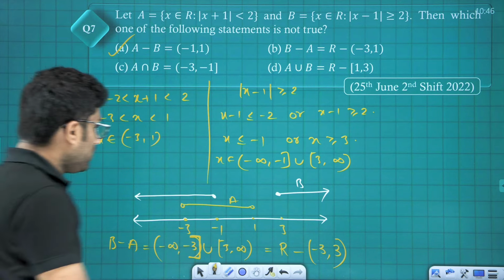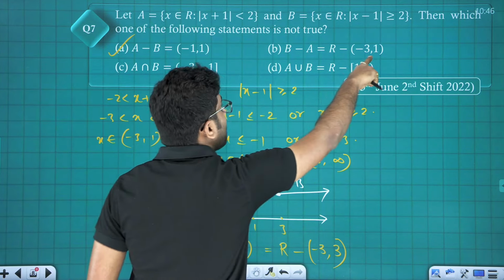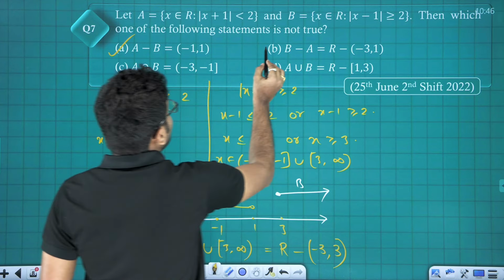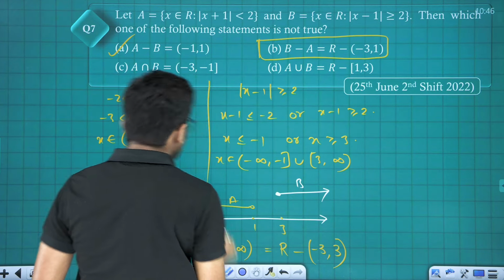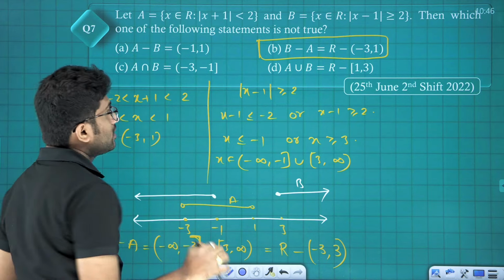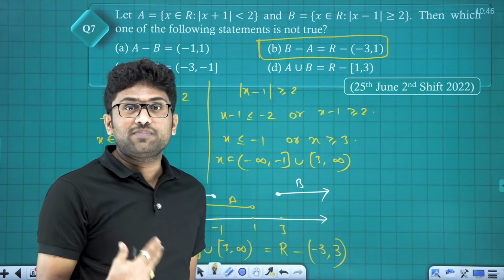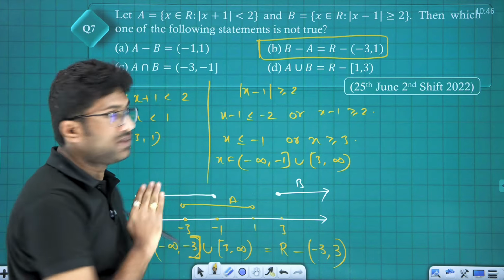But they have given open minus 3 comma 1. So this is the false statement. So hence this is our answer. Our answer is option B. They are asking us to pick up the false statement. So hence option B is false.